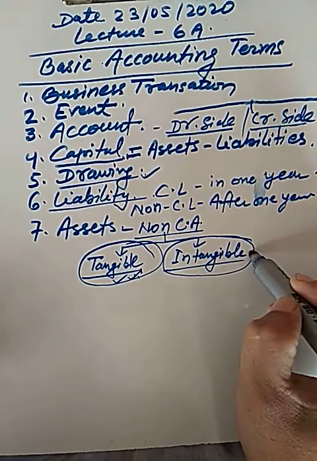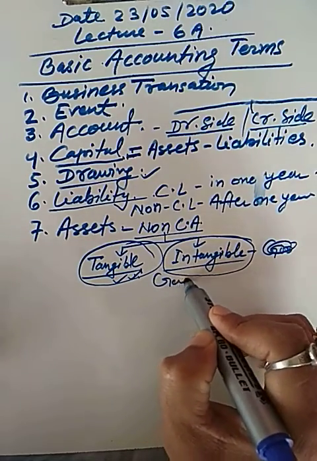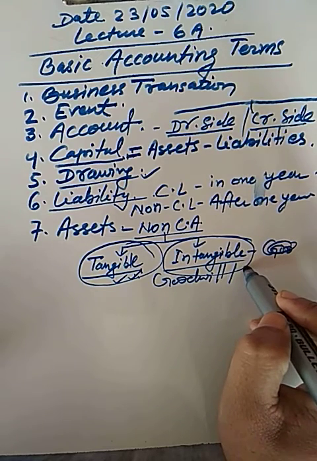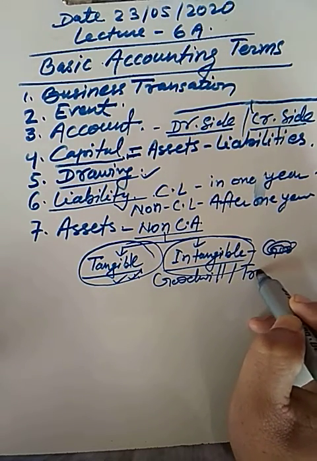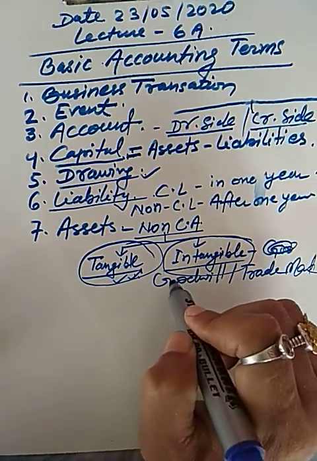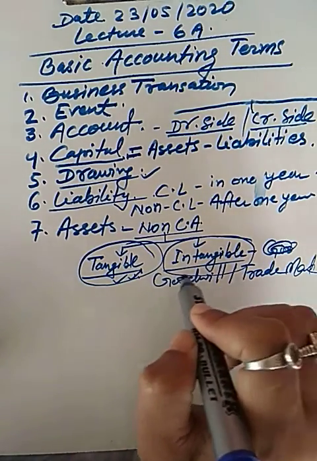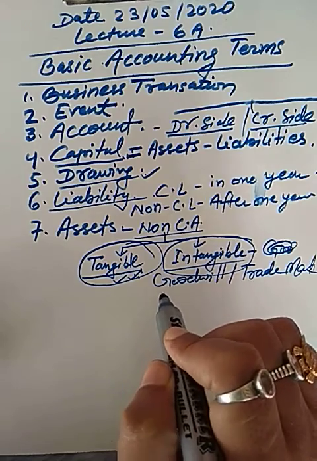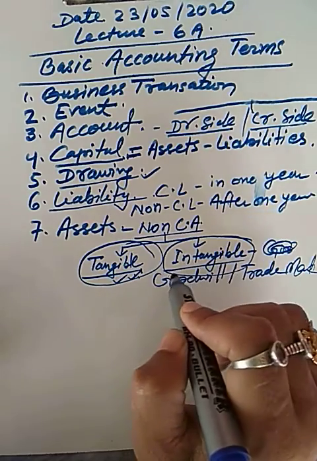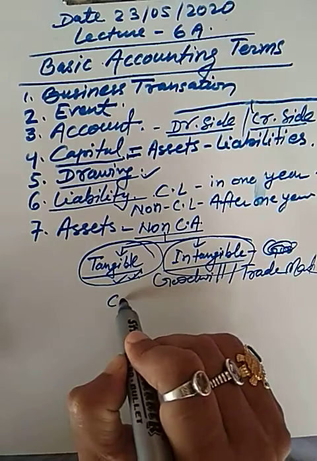For example, goodwill of the firm, trademark, copyright, computer software, prepaid expenses are examples of intangible assets.